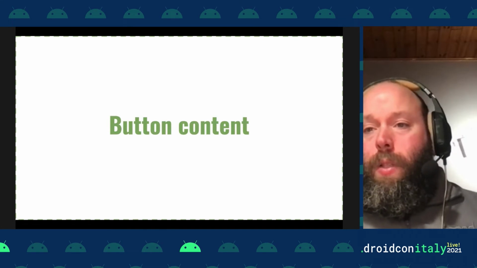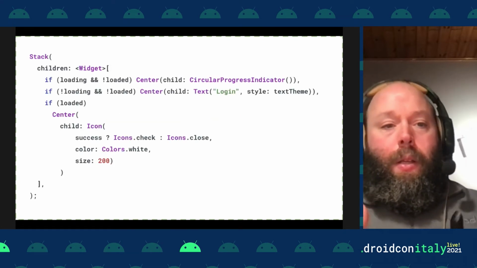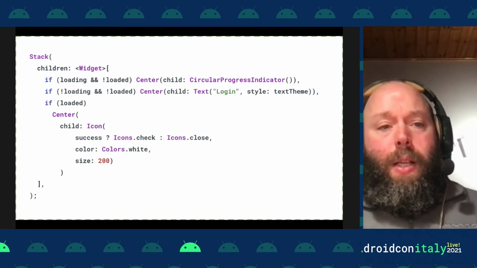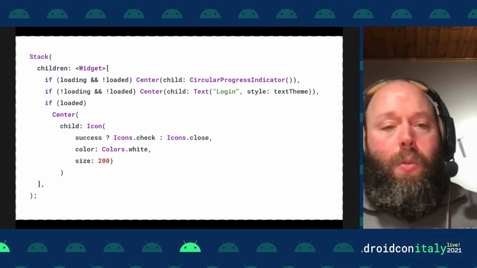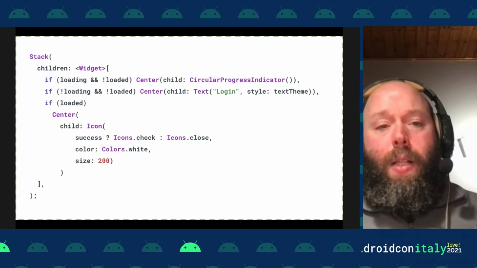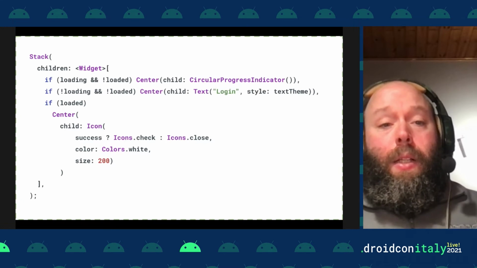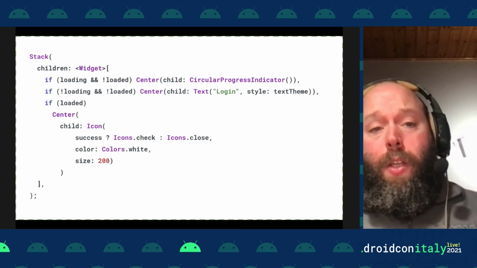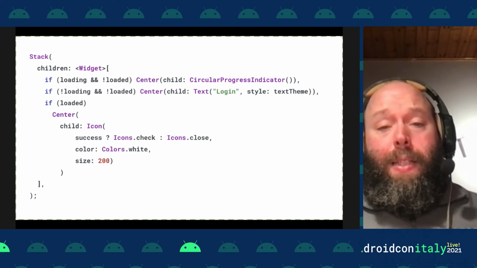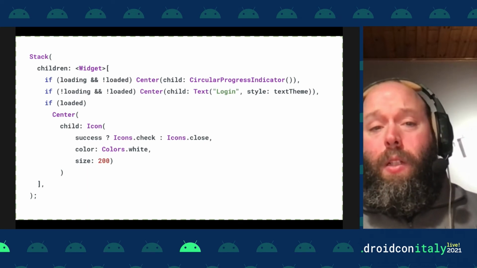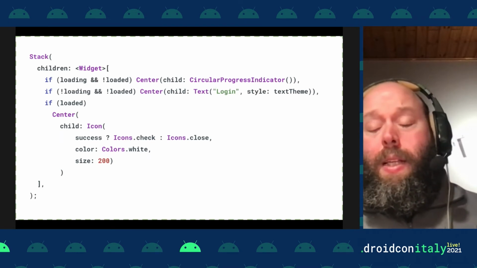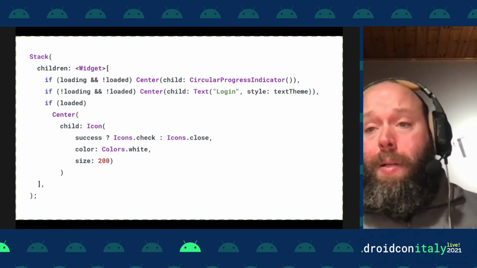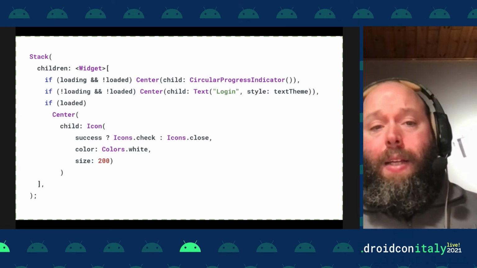Then let's go to the content of the button. For the content of the button, I chose a stack. The stack is a widget that enables you to have two separate layers, one above the other. Then I want the following. If the widget is loading but still not finished loading, I want the indicator. Basically, this is the state when I tap on the button and I start the loading.